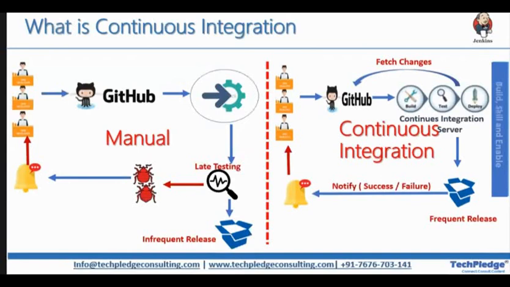So as you can see, on the manual side, all these developers are committing code to a common repository like GitHub, right? So the integration is manual. First, all the code needs to be fetched and then tested and built. If any bug is detected during this testing, it has to be notified.